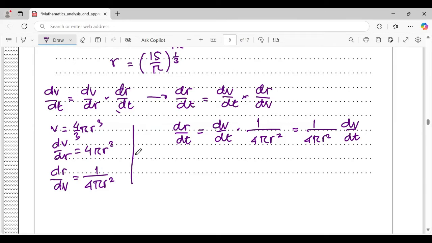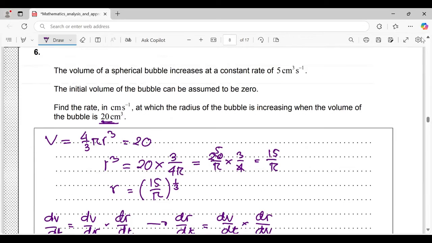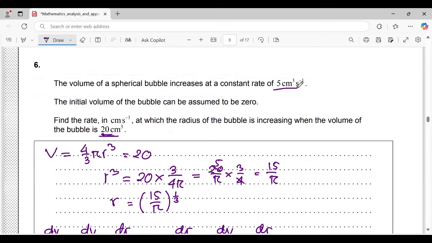Now, when dV/dt equals 5, according to this information, it becomes the constant rate 5.